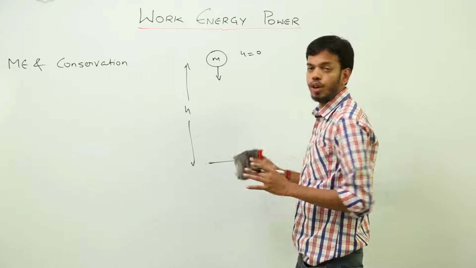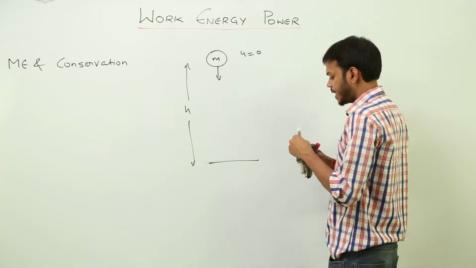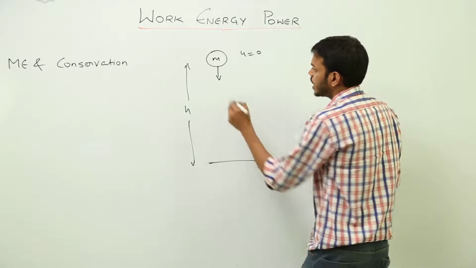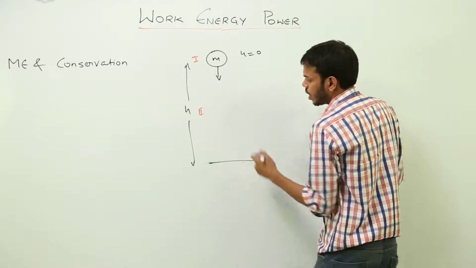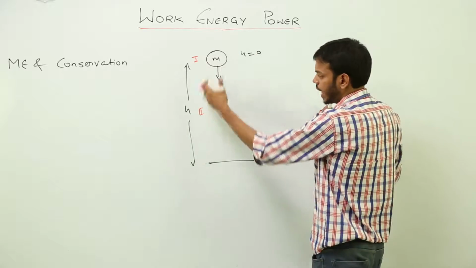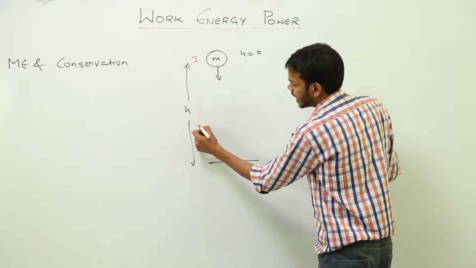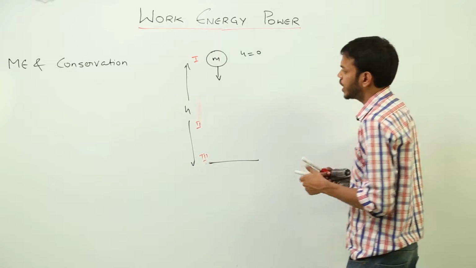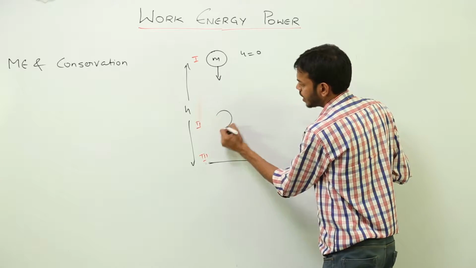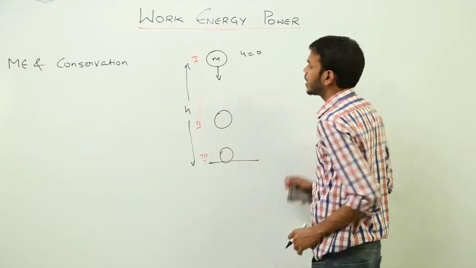Now we are going to find its energy at 3 different positions. One is at the beginning of the motion, second somewhere in between, not precisely at midway, it could be anywhere, and third when the object hits the ground.